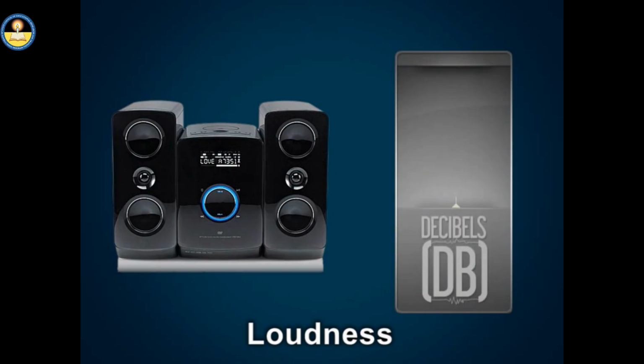The loudness of sound is measured in decibels. However, this is not an absolute scale of measurement. Sometimes, a decibel is defined as the smallest change in volume that can be clearly perceived by a human ear. The lowest threshold of human hearing is 0 decibels.